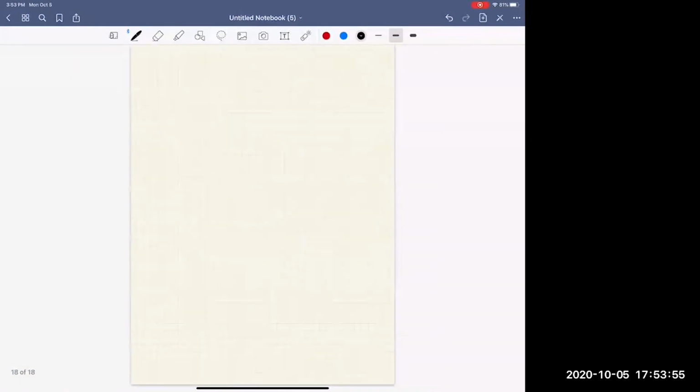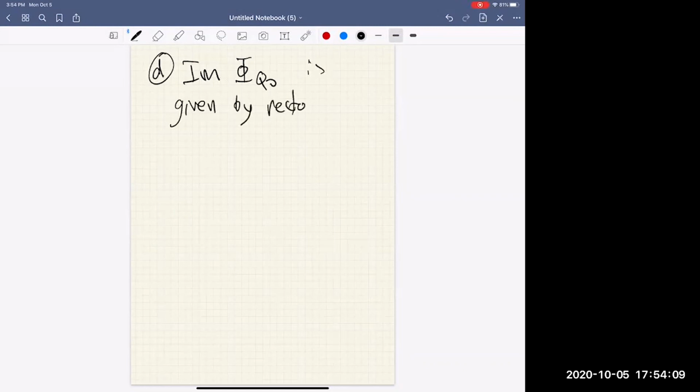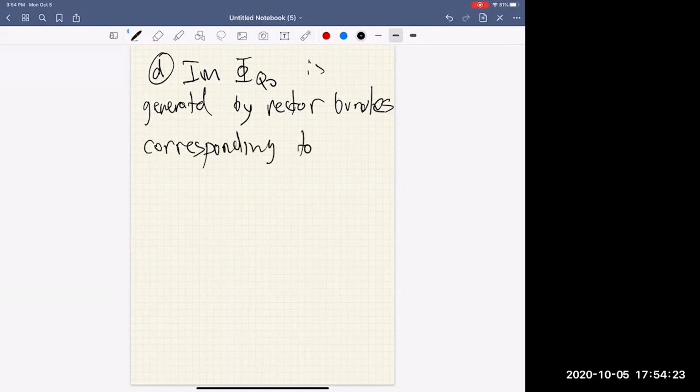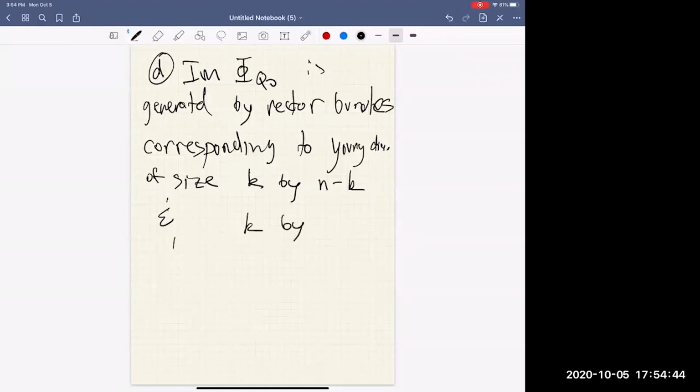And D is that the image of phi Q naught is generated by vector bundles corresponding to Young diagrams of size k by n minus k for one GIT quotient and k by n prime minus k for the other.